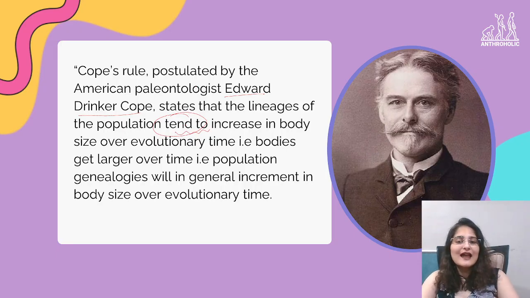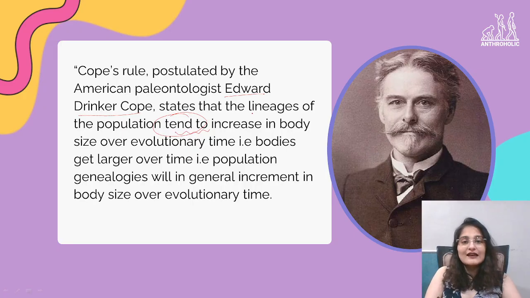It was not exactly a rule that applied, it was an observation which later led to the formation of this rule. It was an evolutionary hypothesis, and the hypothesis says that as the lineages of the population increase, they tend to increase in body size over the evolutionary time.